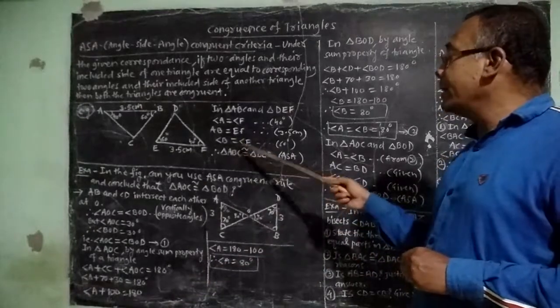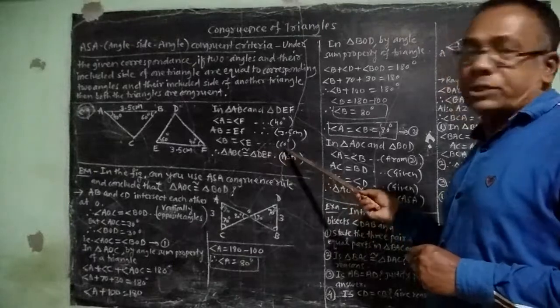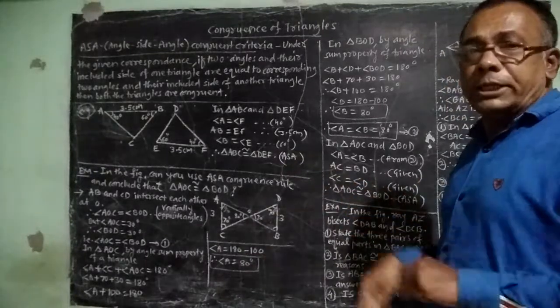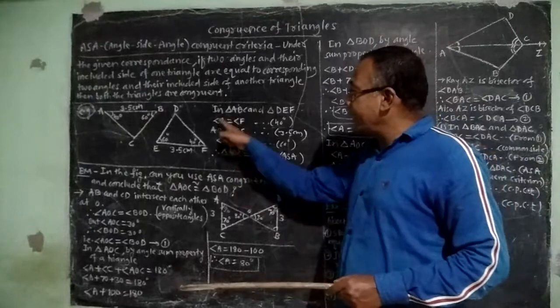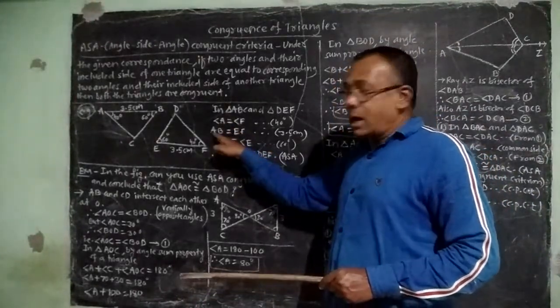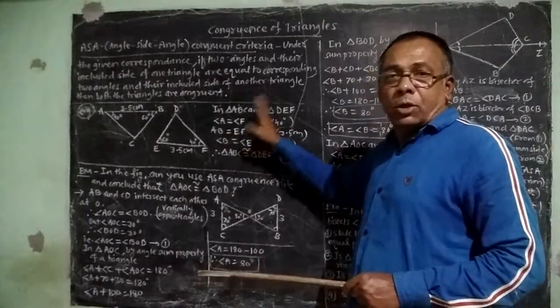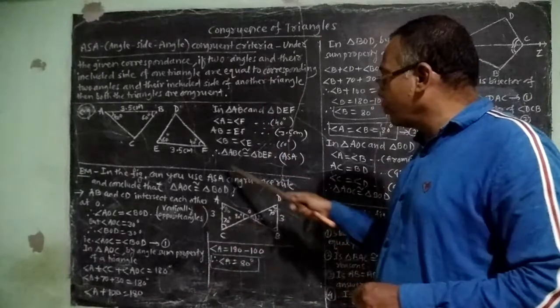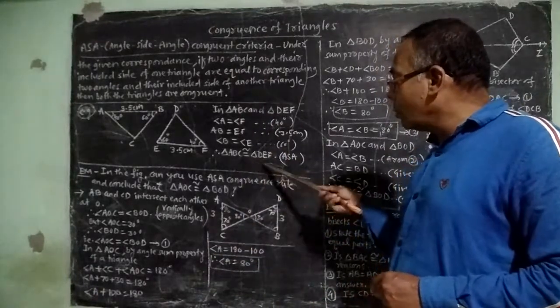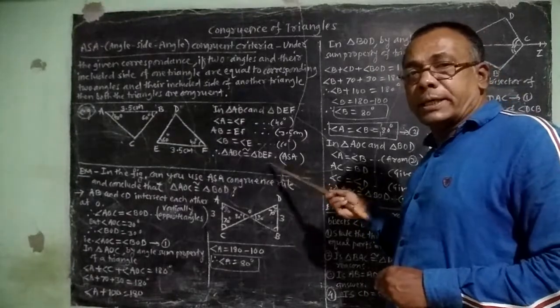Similarly, angle B and angle E of both the triangles are equal, having measure 60 degrees each. It is seen that two angles of one triangle and their included side are equal to corresponding two angles and their included side of the other triangle, and therefore triangle ABC is congruent to triangle DEF according to ASA criteria.